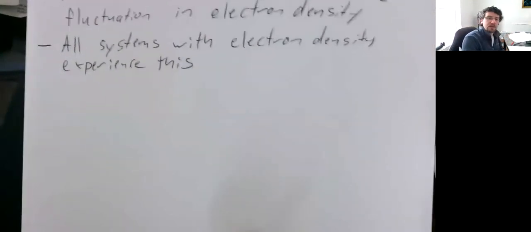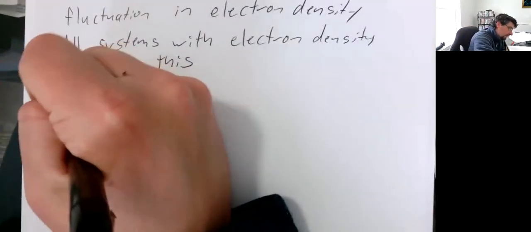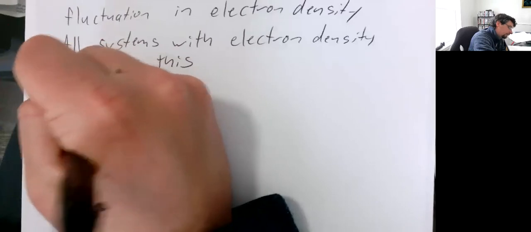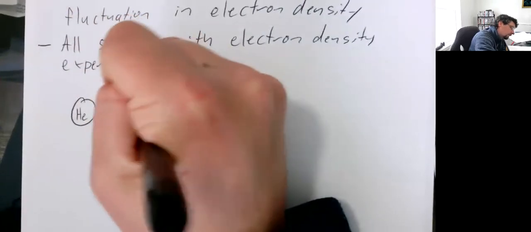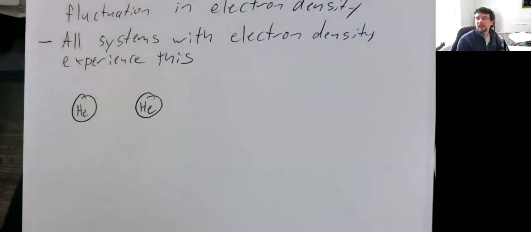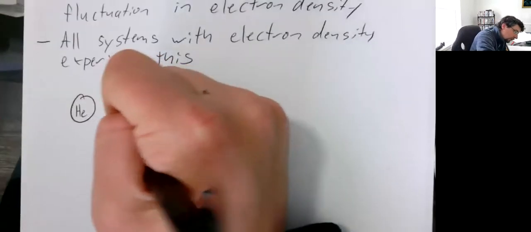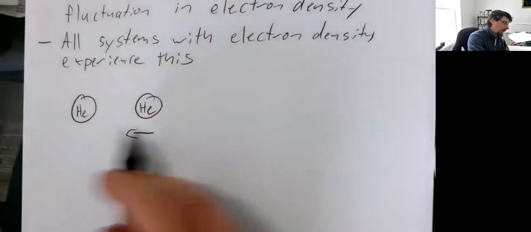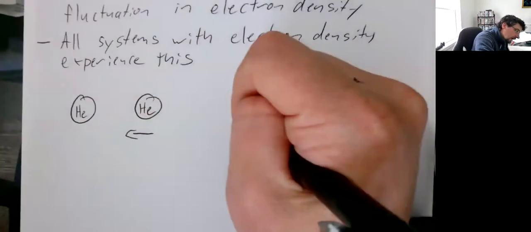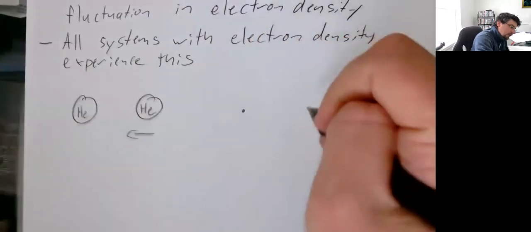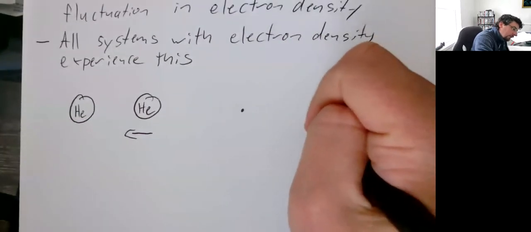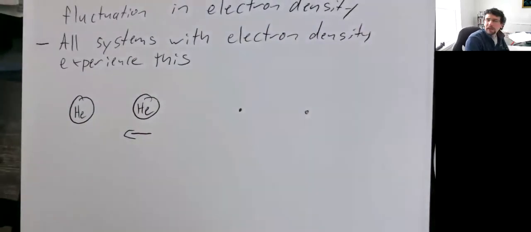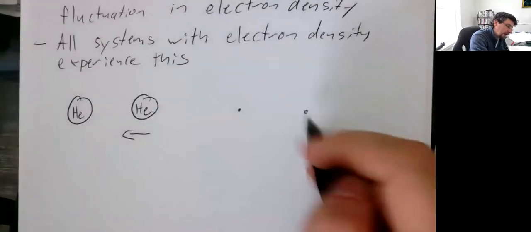So let's consider we have two helium atoms, and let's say we push one of these helium atoms towards the other. So we're going to move the right one closer to the left one. What I'm going to do is draw the nucleus as little dot points, and I'm going to exaggerate what happens to the electron density.